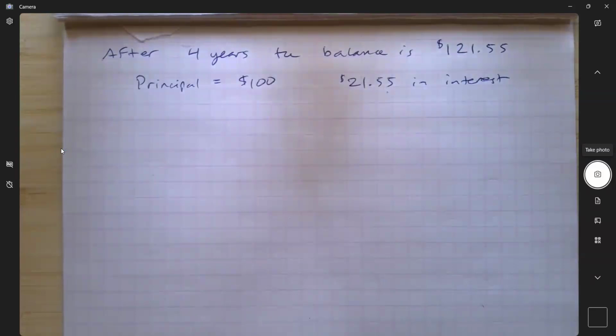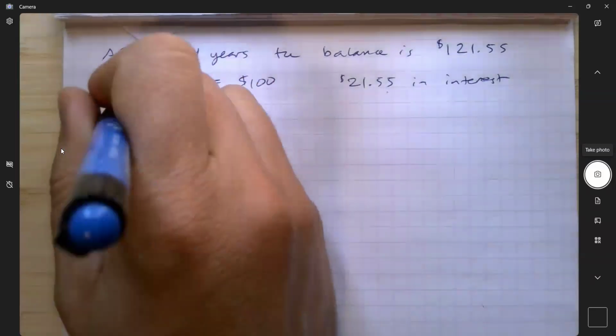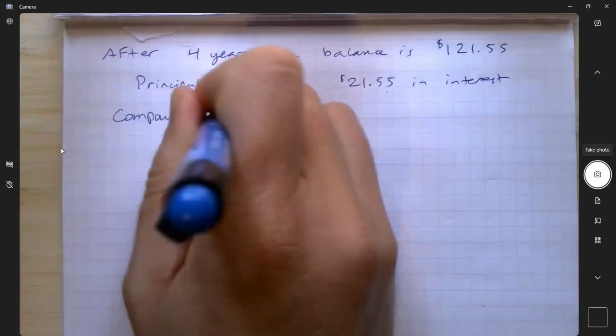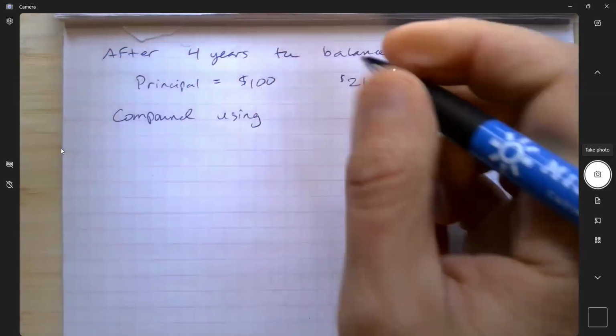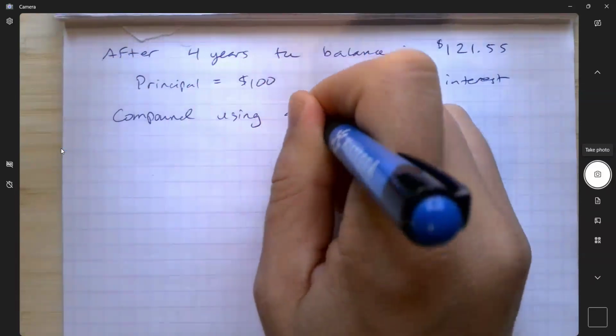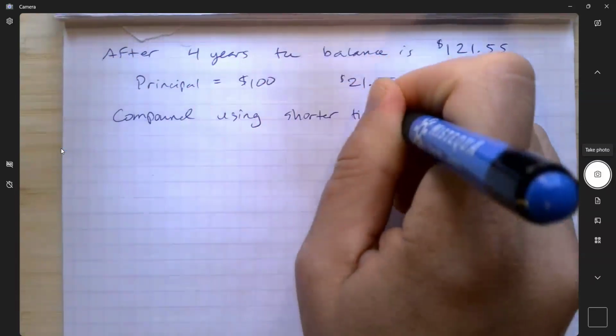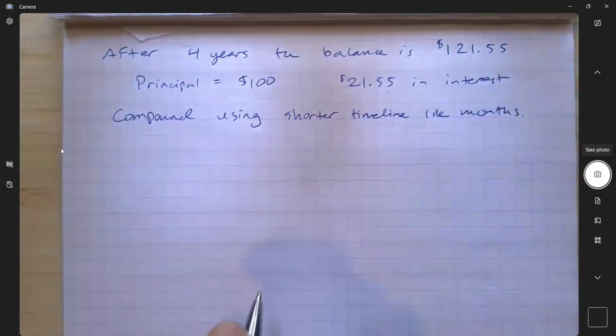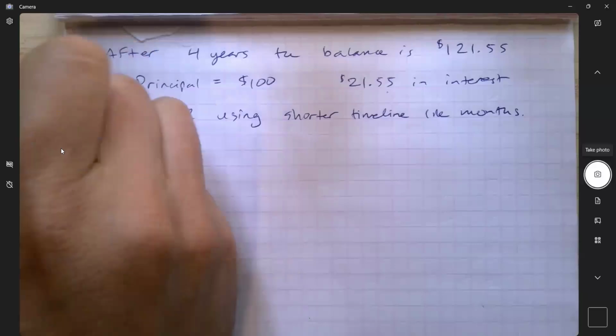Okay, now that is compounding every year, but we can also compound using a shorter timeline, like months.